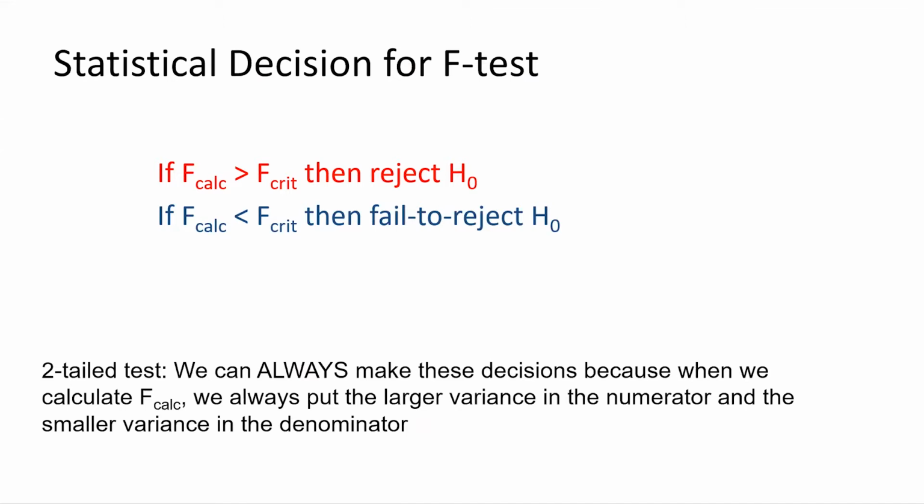Because before, with t-tests, we had to deal with negative and positive values. And sometimes our positive value is greater than our negative value, but it's not as extreme as our negative value, so we still don't reject the null hypothesis. You don't have to worry about any of that this time. If your calc is bigger than your crit, you reject. If it's smaller than crit, you don't reject.